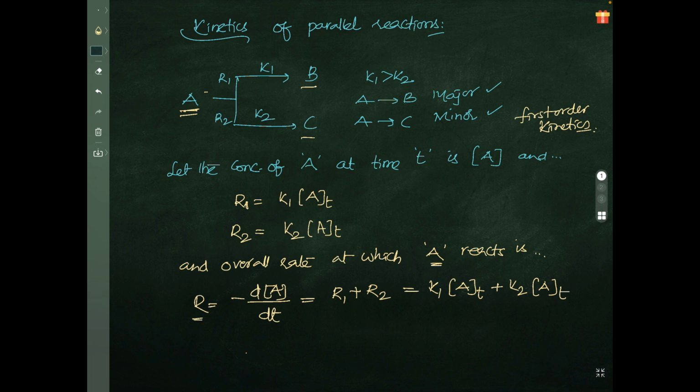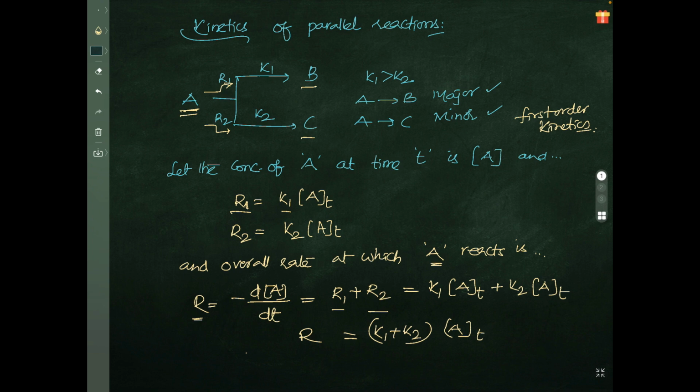So for this reaction we have to check, and for this reaction also we need to check, that is R1 plus R2. R1 is equal to K1 into A at T, R2 is equal to K2 into A at T, that we are taking. So here the concentration of A is the same, right? So K1 plus K2 into the concentration of A at T. This is your rate R. R is nothing but minus dA by dt.